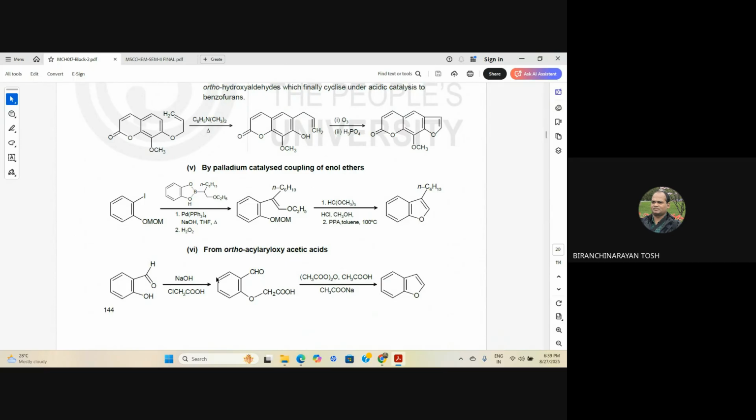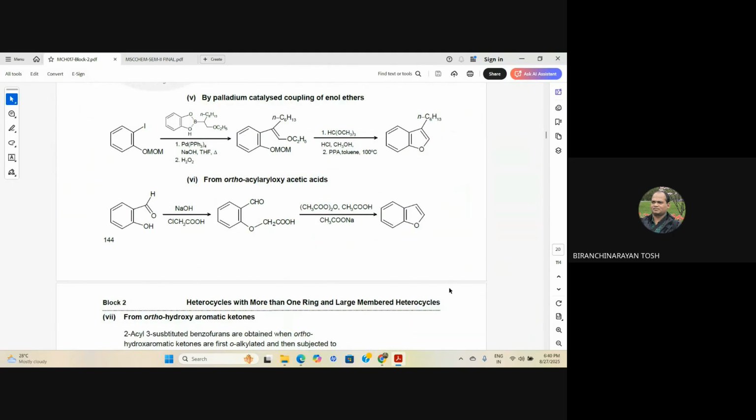Then from ortho-acylaryloxyacetic acid. So these are the methods by which benzofuran will be formed.